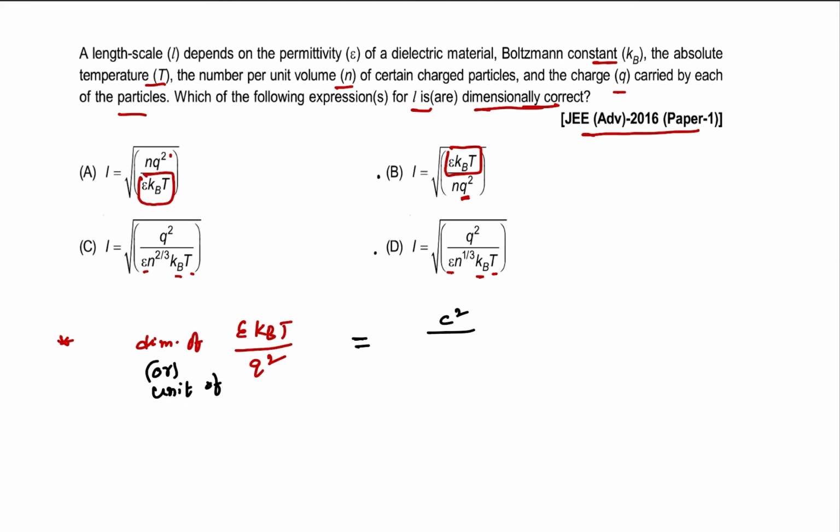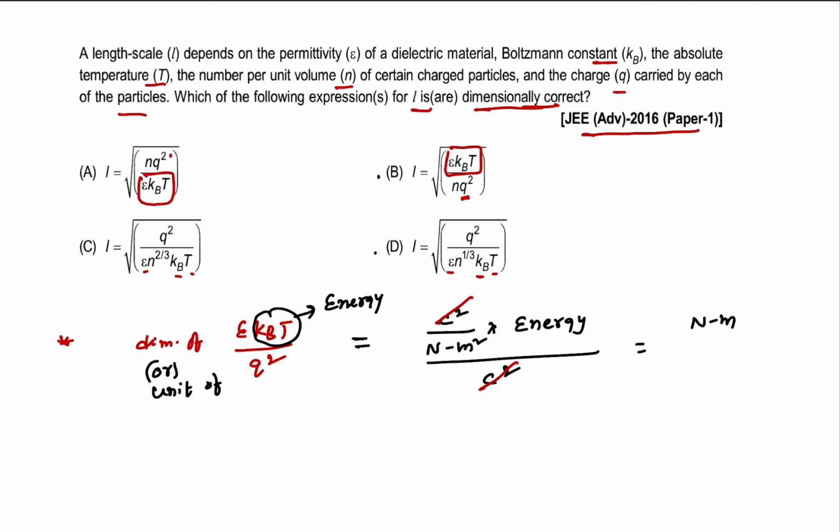Epsilon dimension can be written as, as I wrote earlier, Coulomb square divided by Newton meter square. kbt is energy. I can write the energy divided by Coulomb square. Again, you can write it as Coulomb square.